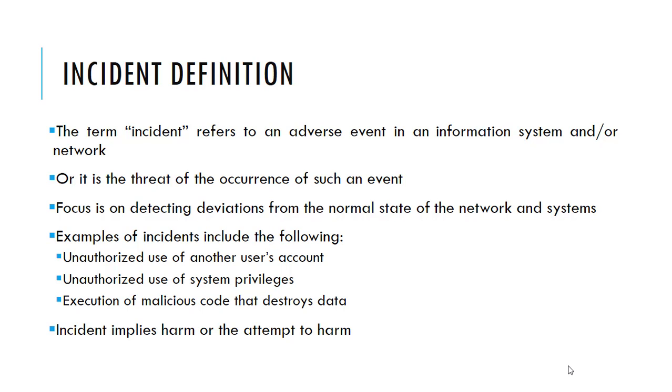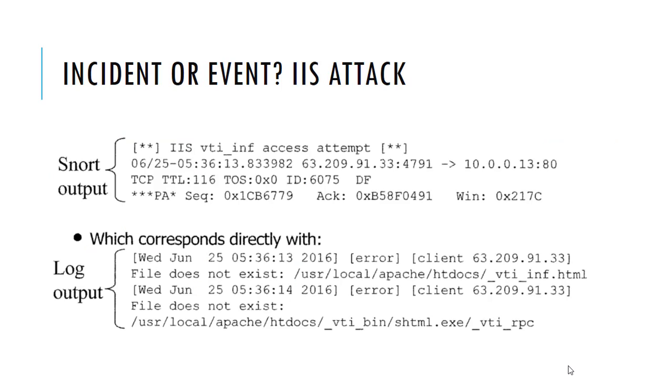Examples of events include unauthorized use of another computer, unauthorized use of another user's account, unauthorized use of system privileges, execution of malicious code that destroys data, deletes them, or alters them. So the incident implies harm, or the attempt to harm the system or the network you are responsible for. For example, this is a Snort output and this is a log output from an IIS server.